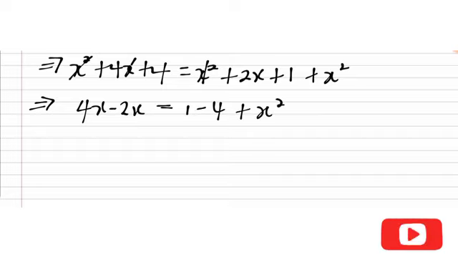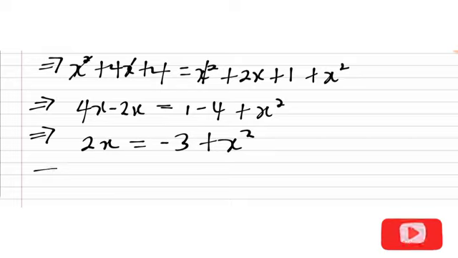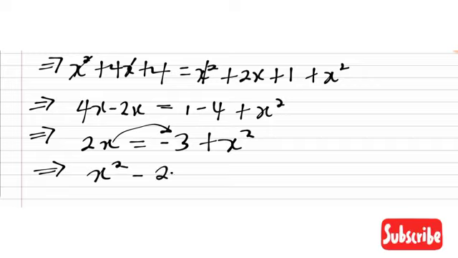So 4x minus 2x is 2x, which is equal to minus 3 plus x squared. Now let's write this equation in another form: by sending this to this side, I'm going to have x squared minus 2x minus 3 equals 0, which is a quadratic equation in terms of x.